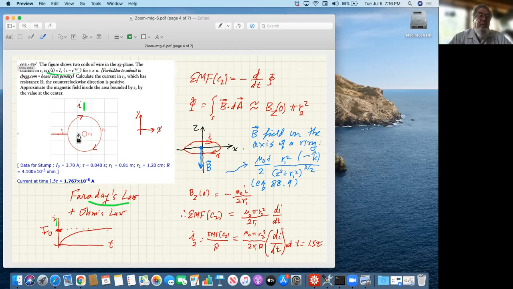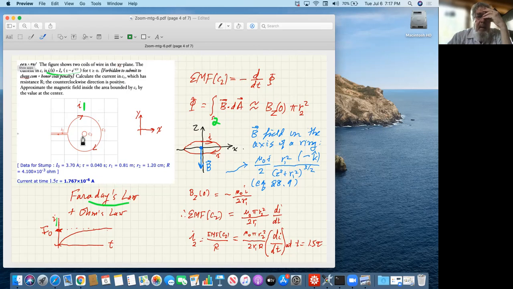Then the electromotive force around C2 will be the negative rate of change of the flux. So again, I have to calculate the flux, the integral B dot dA. Now this is the integral around that little disk enclosed by C2. And we're going to make an approximation.